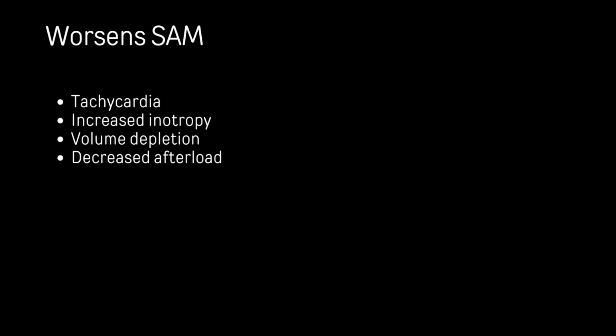So the way to think about it is, if you've got escalating doses of inotropes in a really tachycardic patient, and you don't know why this patient is doing that, then check for SAM. Because the treatment for that could be that the patient needs more fluid, and more inotropy, and you need to control the tachycardia.